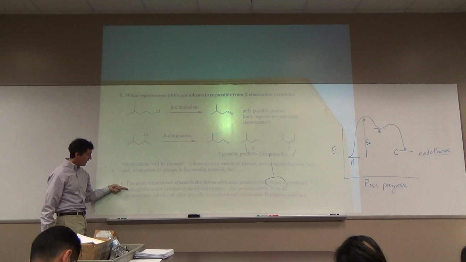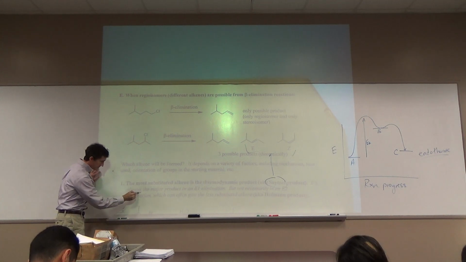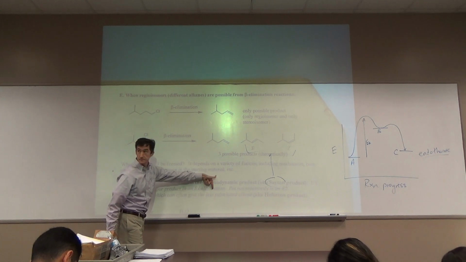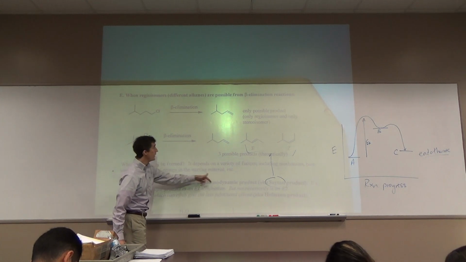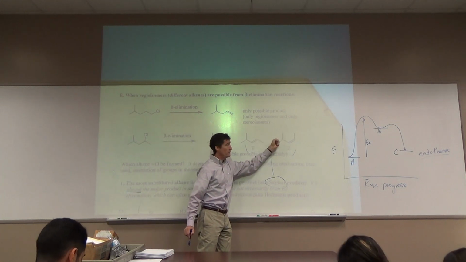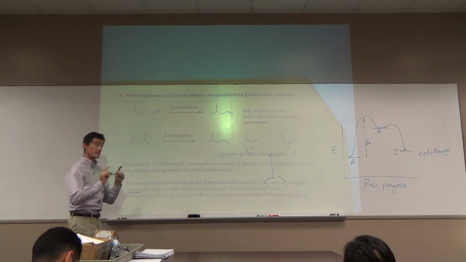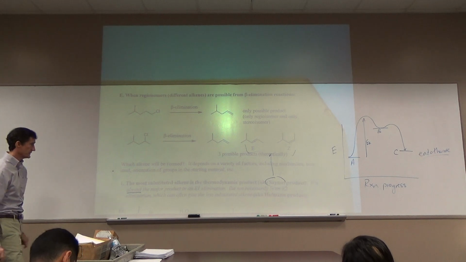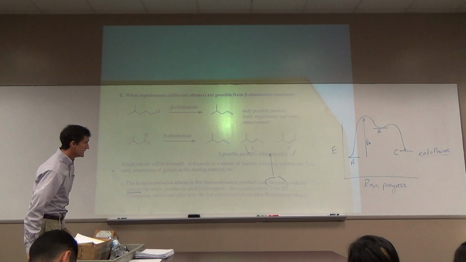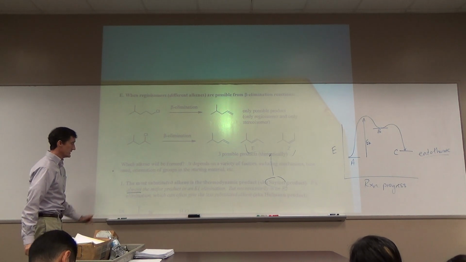The Zaitsev is always, okay, let's underline that twice, the major product in the E1 elimination. So if you're doing an E1, if this occurred by an E1, those would be your major products. Then we'd have to think about stereochemistry. The Zaitsev is not necessarily the major product in the E2 elimination.